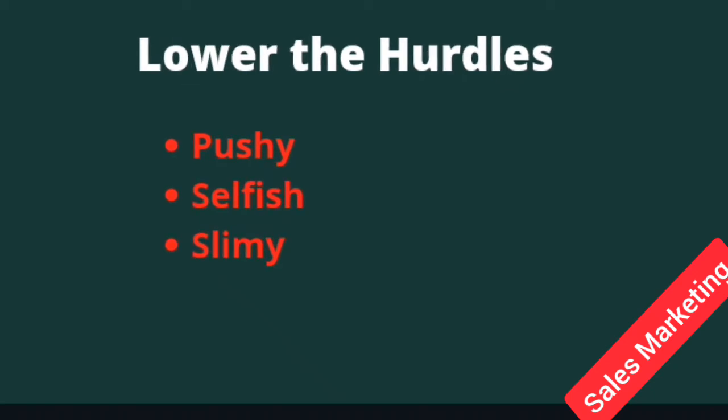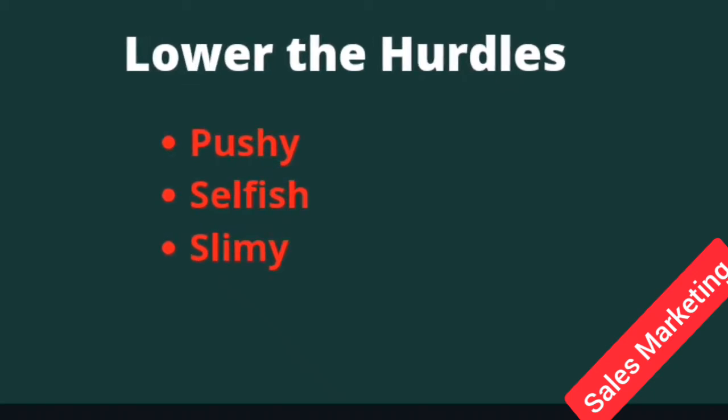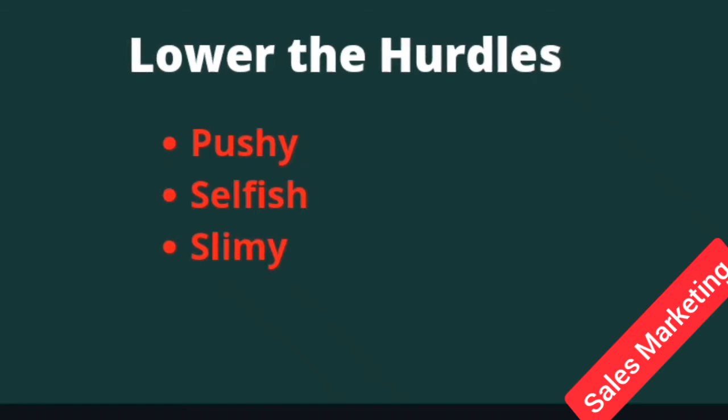In lowering the hurdles, there are three main types of people, or what I call sales marketers. Number one is the pushy sales marketers. These people just push a sale before you, and they don't even want to listen to you.